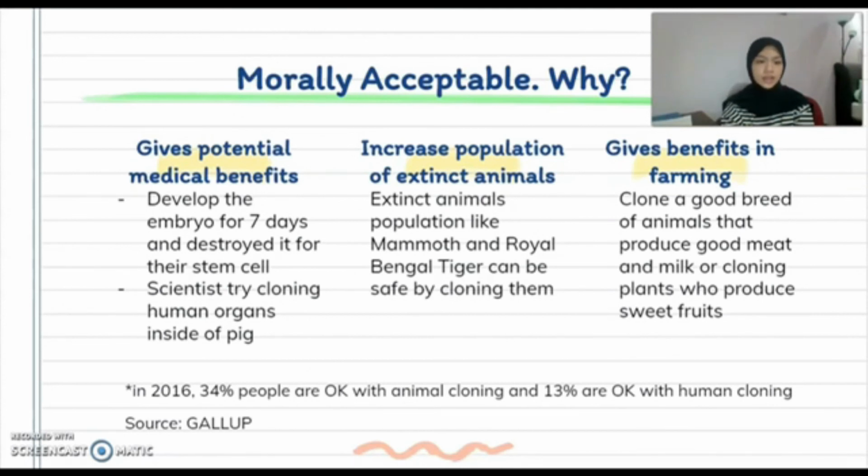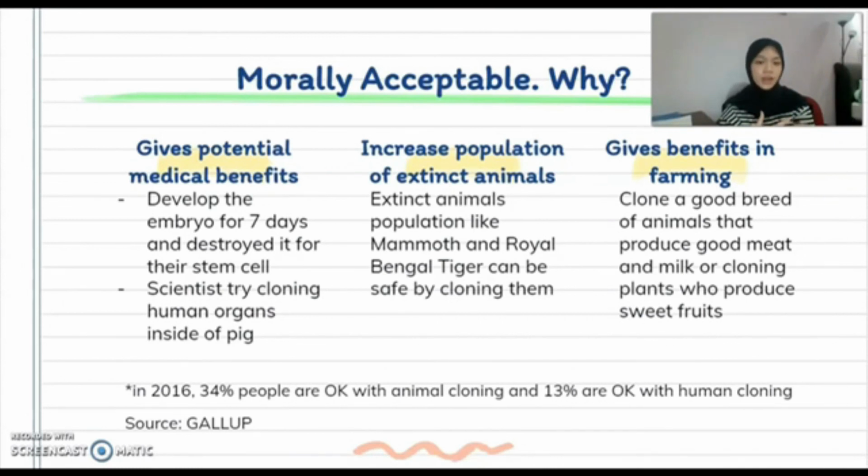And then lastly is benefit in farming, which cloning is good because it can help, contohnya bila kita jumpa a good breed of animal that produces good meat and milk, or cloning plants that produce sweet fruits.